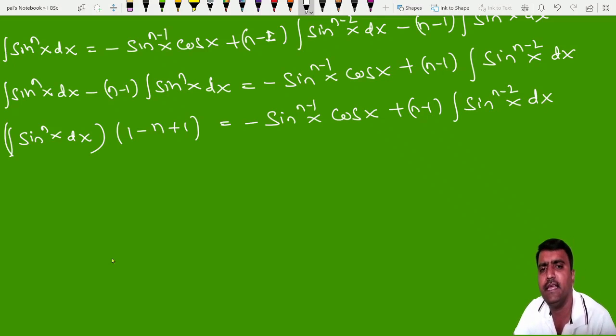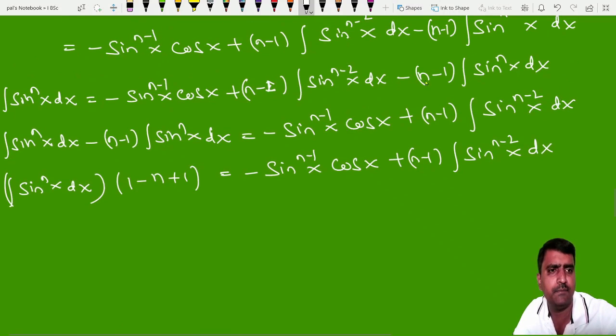Yes, here you can cancel this. So actually this is minus of n minus 1, minus of n minus 1. When it comes to the left hand side, what happens? The left hand side becomes positive, and so it becomes plus, and this one becomes minus.